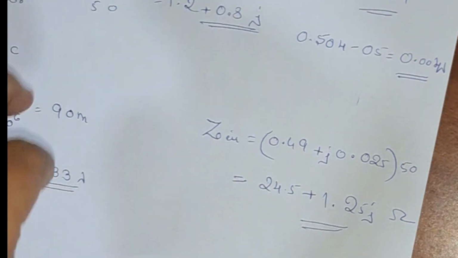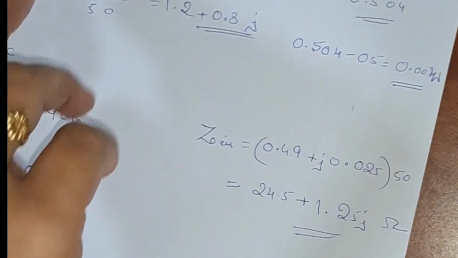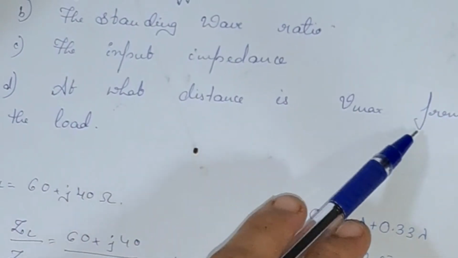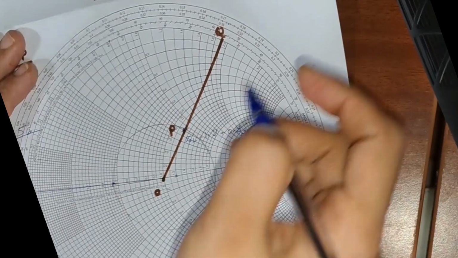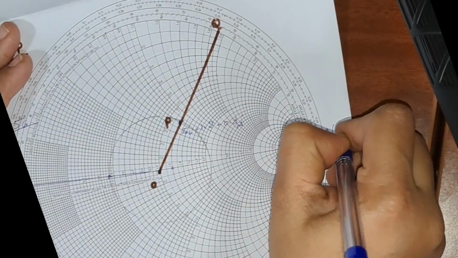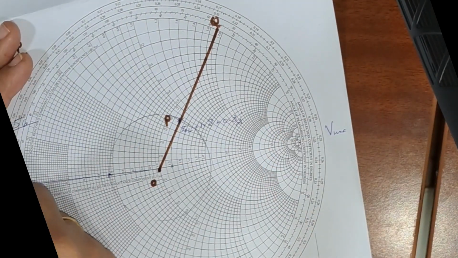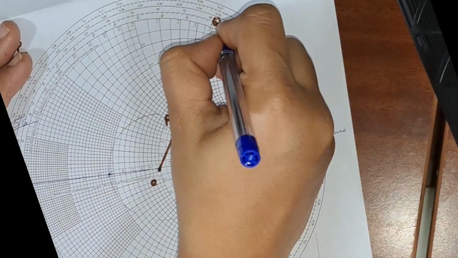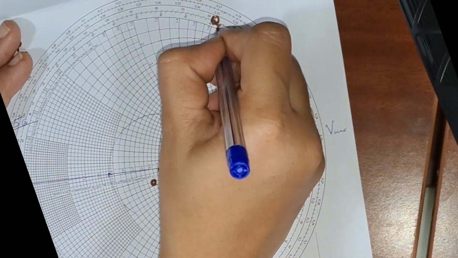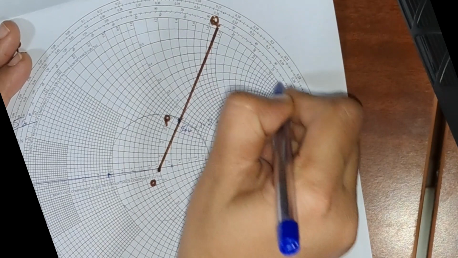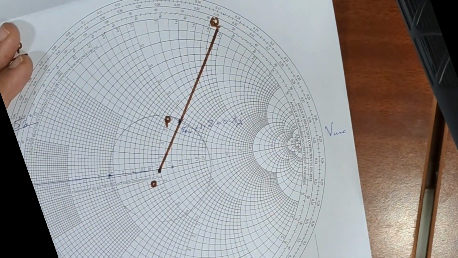Okay, so now till the input impedance we are done. The next question is: at what distance is V max from the load? Where do you find V max? Remember, always V max here, V minimum here. Now we are worried about the load, so from here to here, what is the distance I have to calculate?